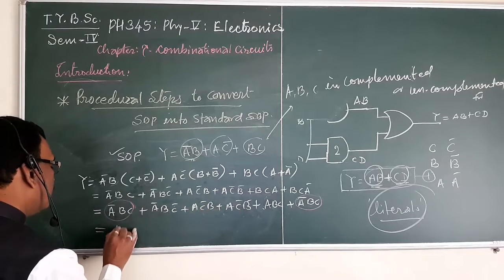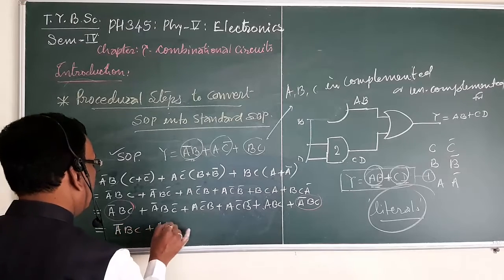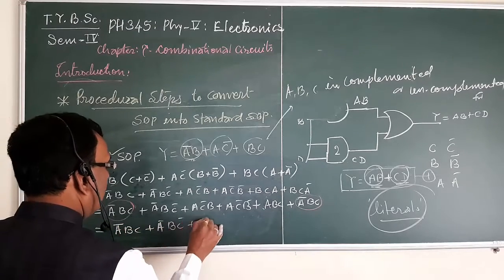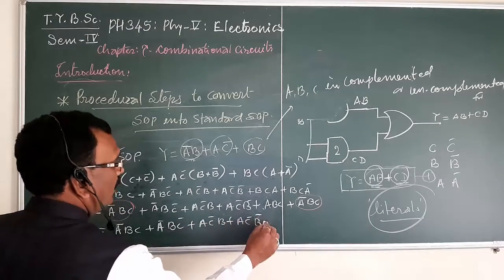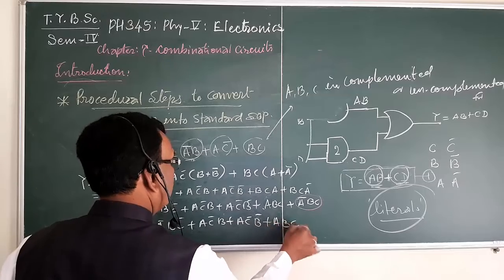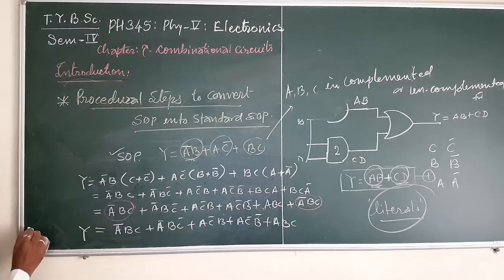When the first and last term is redundant, then instead of 2, we can consider only one term: A bar B C plus A bar B C bar plus A C bar B plus A C bar B bar plus A B C. This is the standard SOP.